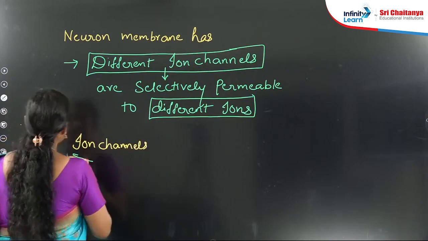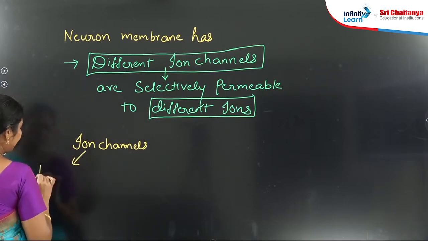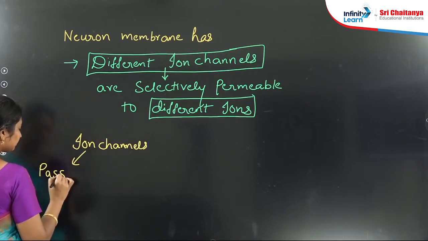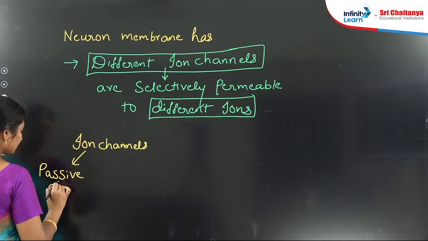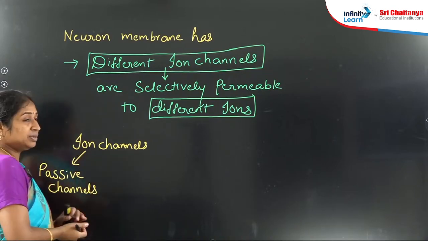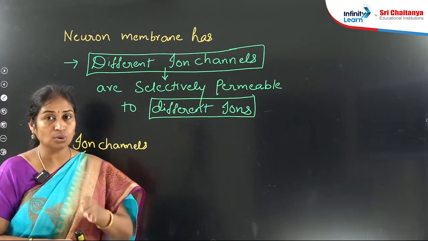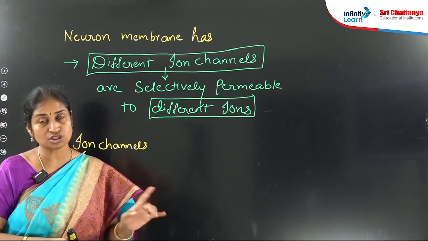The ion channels may be, number one, passive channels. Passive channels allow ions to move from high concentration to low concentration without the cost of ATP.